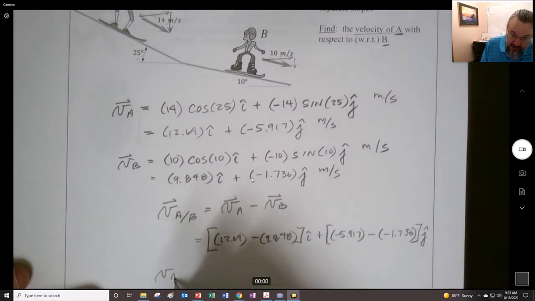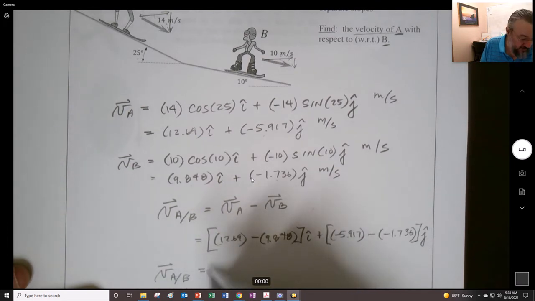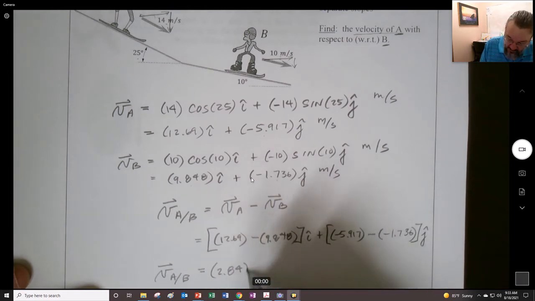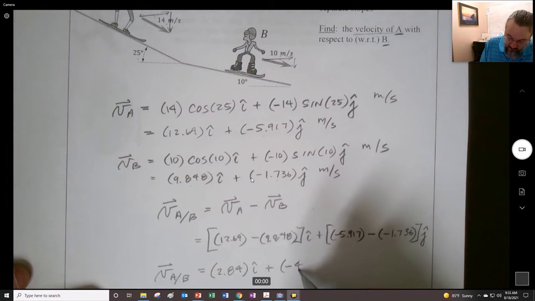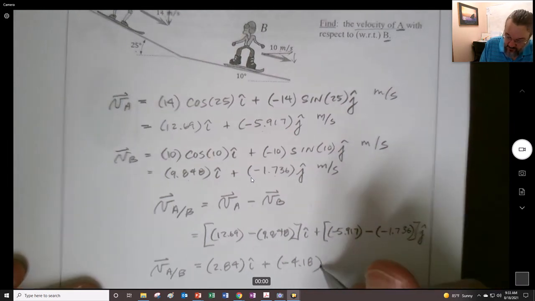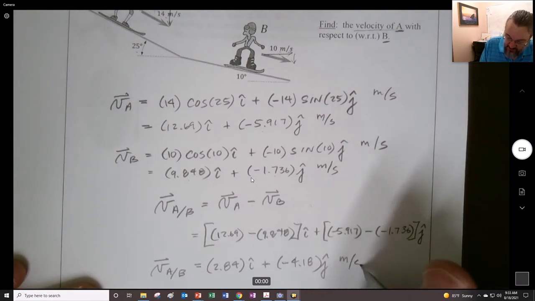And we get VA with respect to B is going to be equal to 2.84. I didn't bother with keeping the fourth sig fig, plus negative 4.18 j, meters per second.